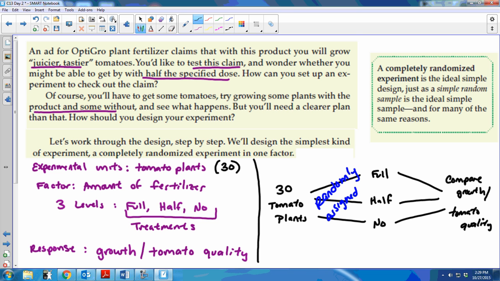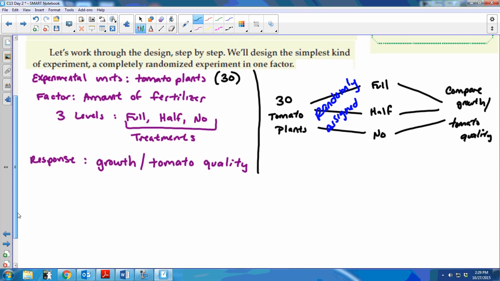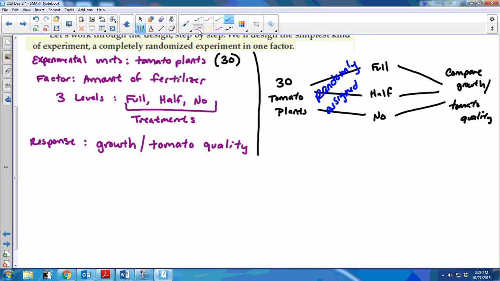All right, now we have a plan. We need to write out what we're going to do. So I'm going to write this out in paragraph form, sentence form. I will buy 30 tomato plants. Now, this is where to be careful. You're trying to eliminate as much bias as possible.